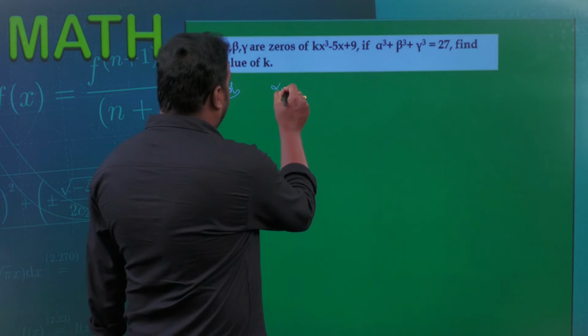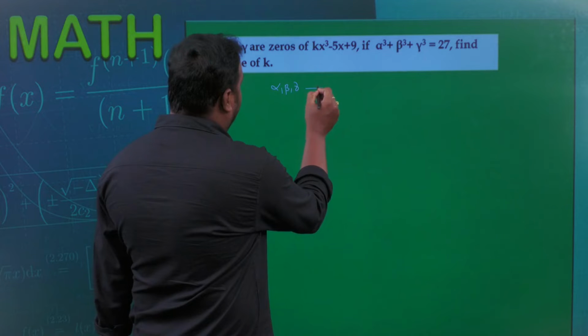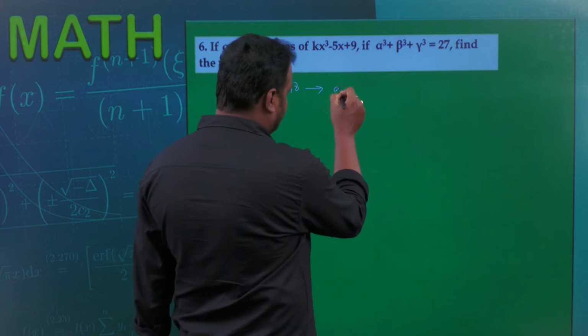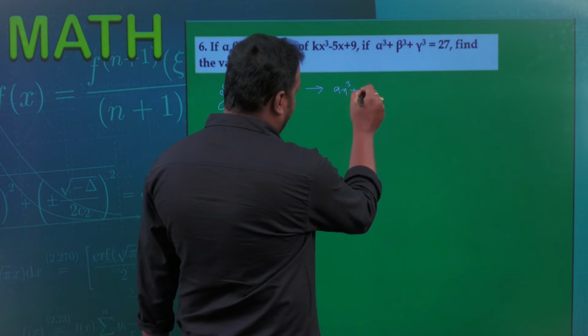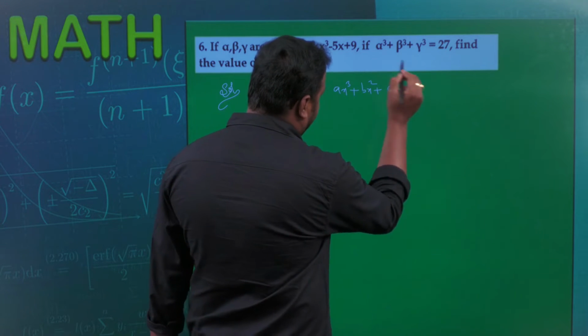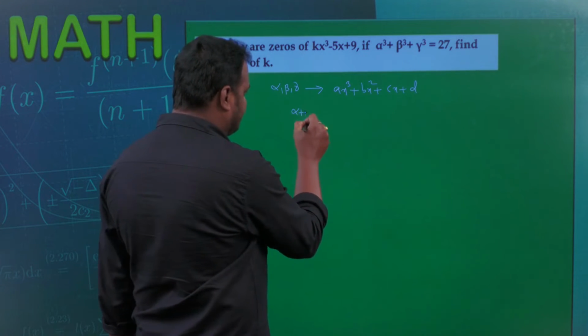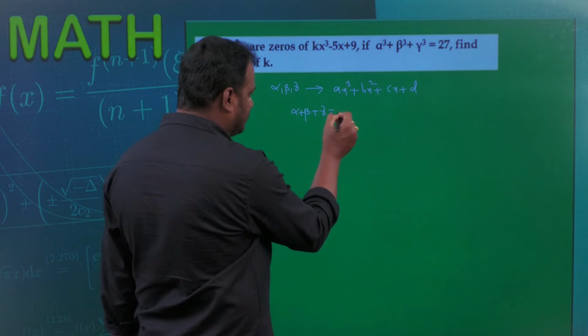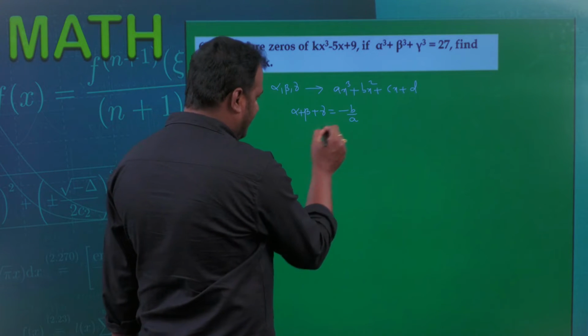Suppose alpha, beta, gamma are the zeros of ax cube plus bx square plus cx plus d, then the value of alpha plus beta plus gamma is going to be minus b by a.